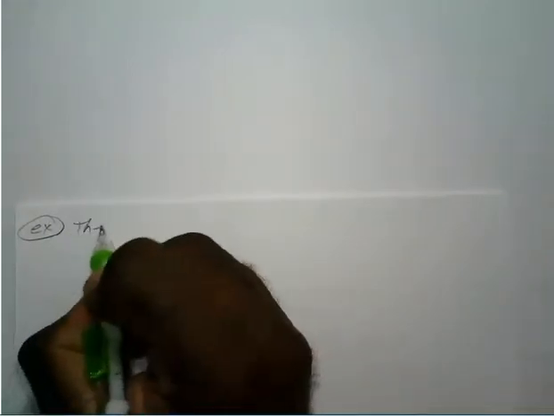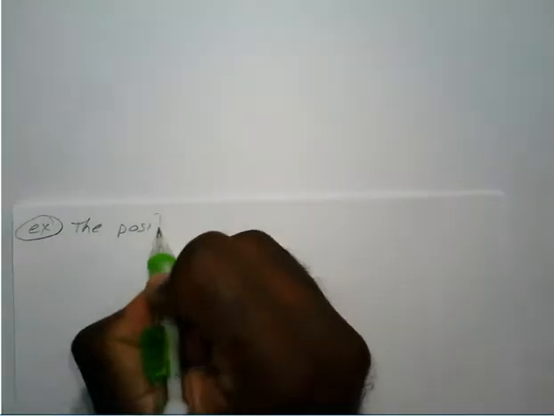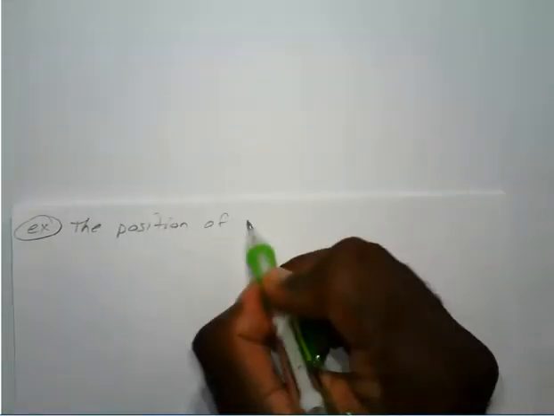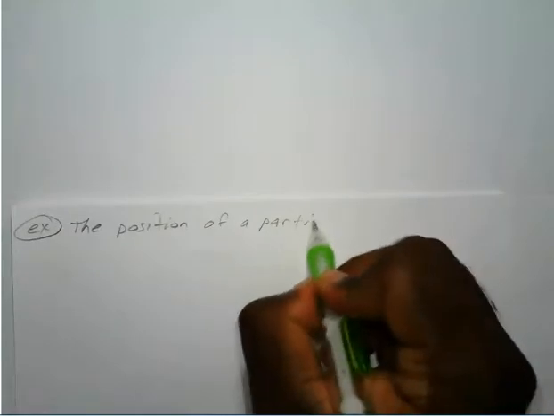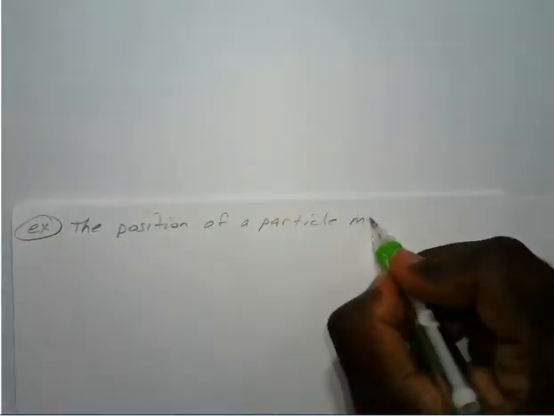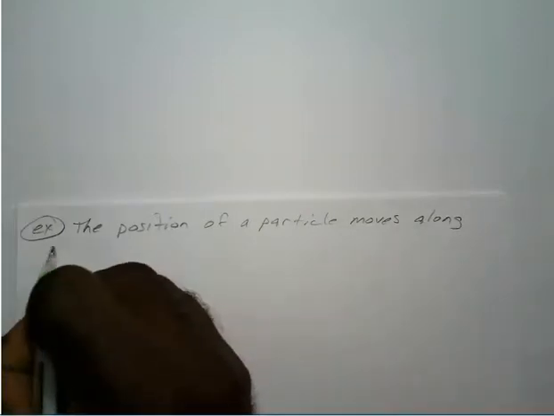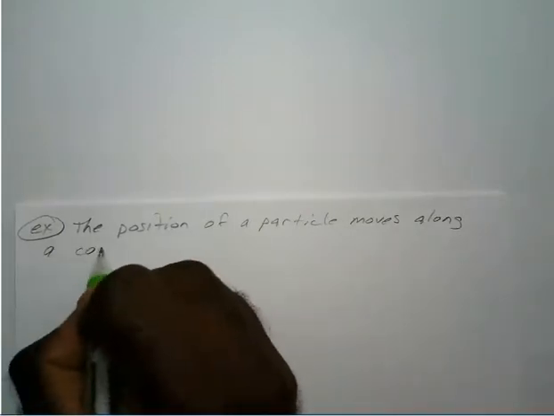Okay, so for example, the position of a particle moves along a coordinated axis.